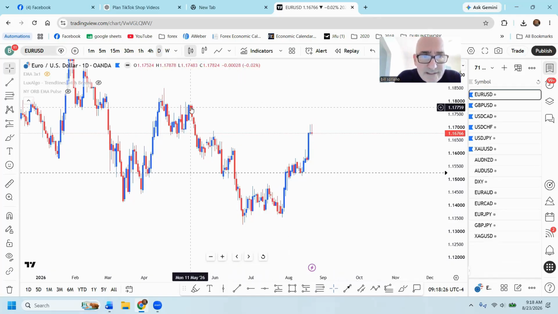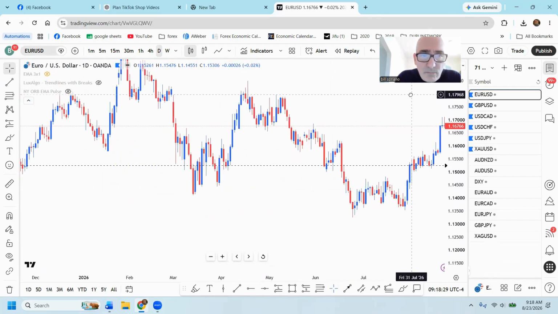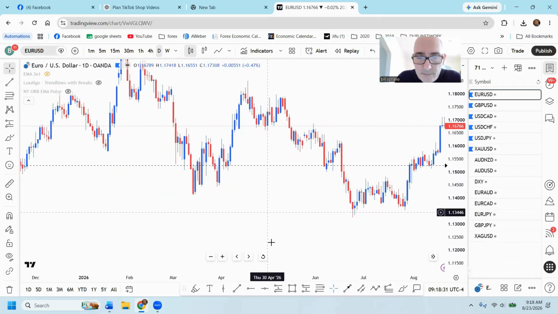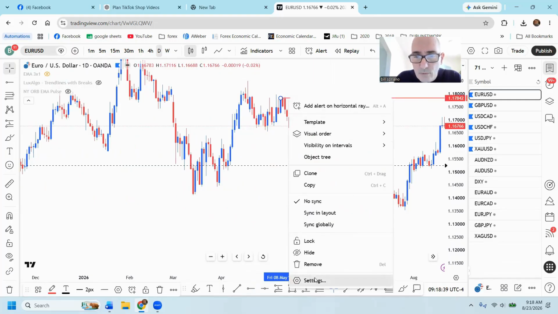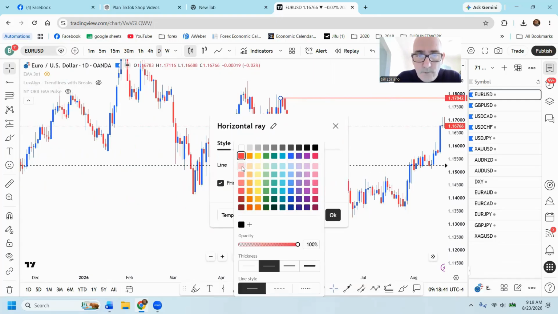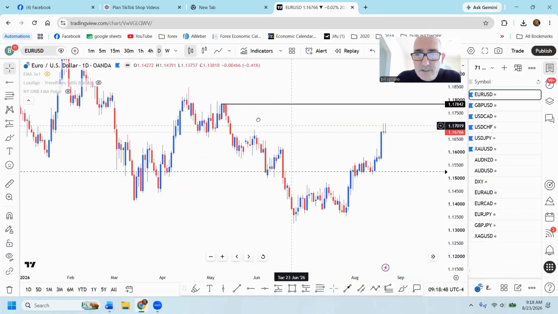So if you look over here, we see this area where we have this blue body candle and 2 red body candles. So that's going to be our daily range high. I like to make these black so that I know what they are when I'm on the lower time frames. That's our daily range high.